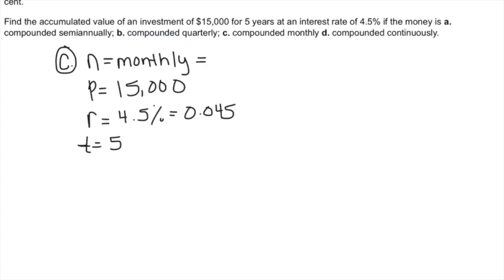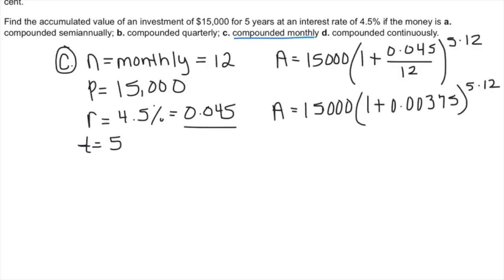Part C asks us to find the value of the investment if it was compounded monthly. Since there are 12 months in a year, our N in this case is going to be 12. And again, all other values stay the same. So our P is 15,000, our R is 0.045, and T is 5. So my first step is to substitute all of the values into my equation.